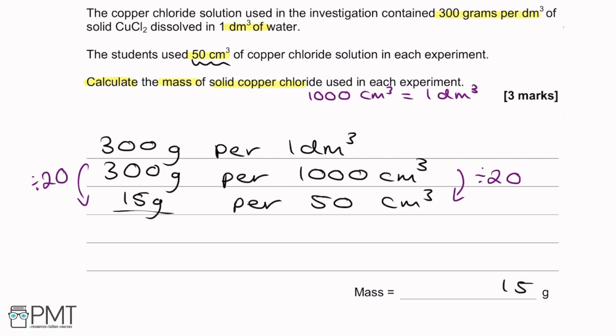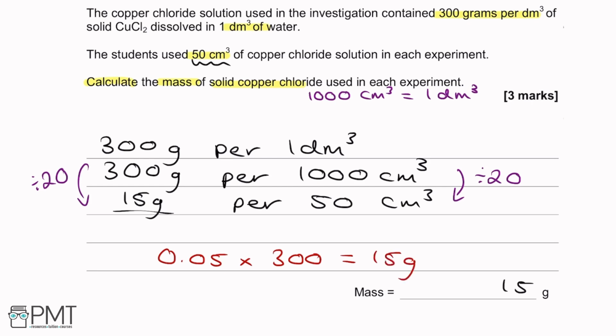Now, obviously with this being a calculation question, there were lots of different ways that you could get to the answer. So you could have converted between centimetres cubed and decimetres cubed at different points. Rather than converting decimetre cubed into centimetres cubed, you could have converted the 50 centimetres cubed into decimetres cubed. So that would have meant that you did 0.05 times 300, which again would just get you the 15 grams.